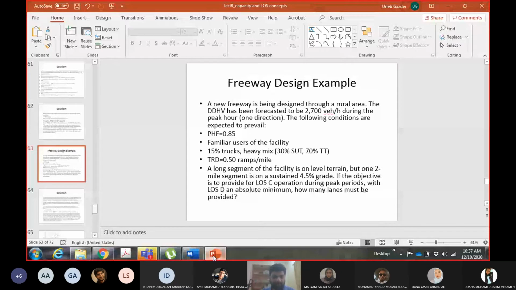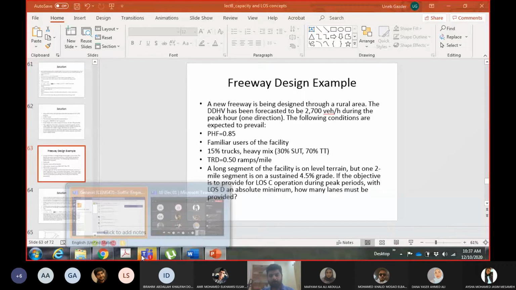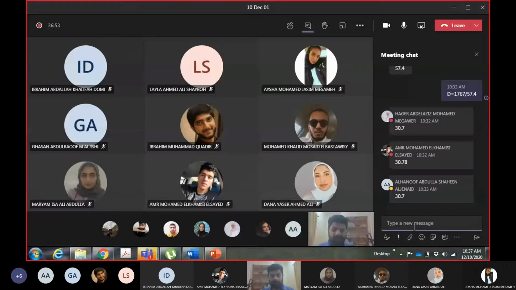Okay, so again, we start with finding out the free flow speed. It's a freeway, so free flow speed will be 75.4 minus the adjustment factor for lane width and lateral clearance. Now you see here lane width and lateral clearance are not given.